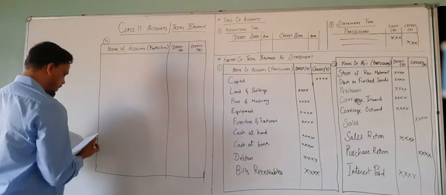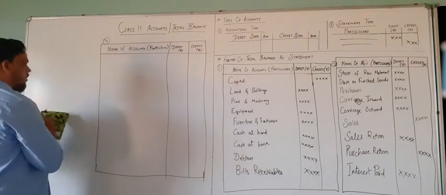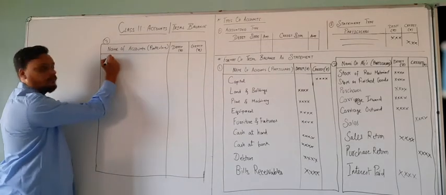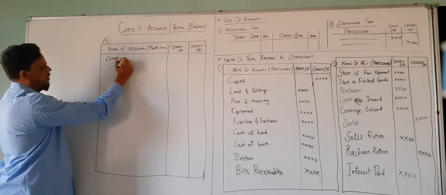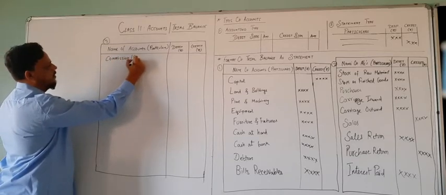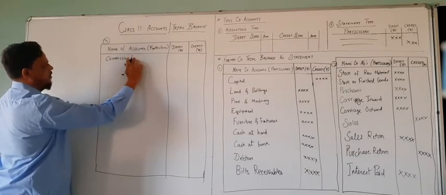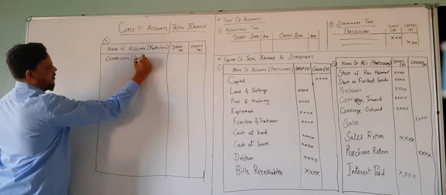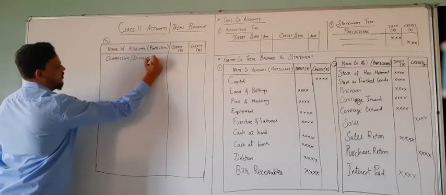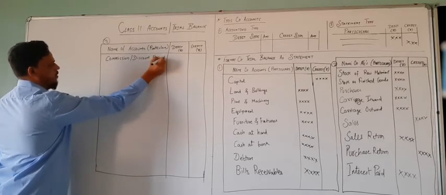Now on the third I will write commission or discount received.